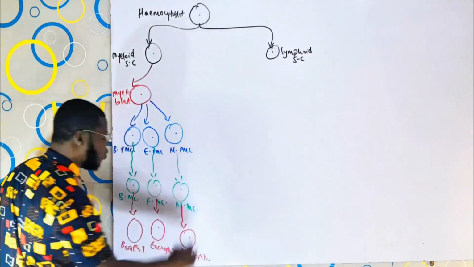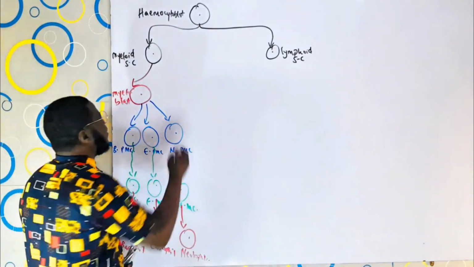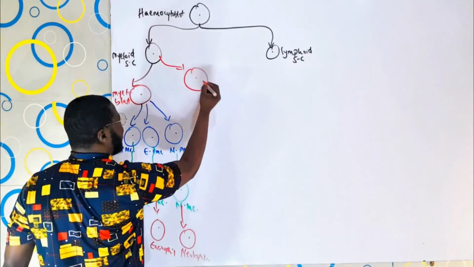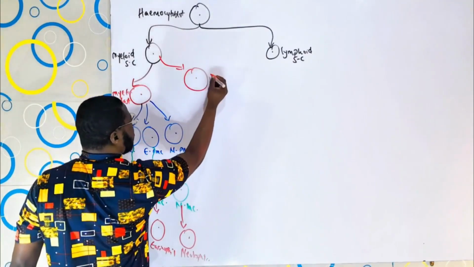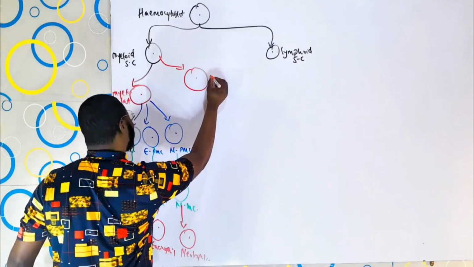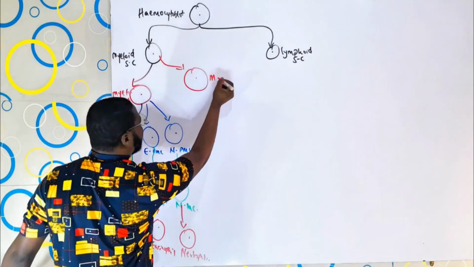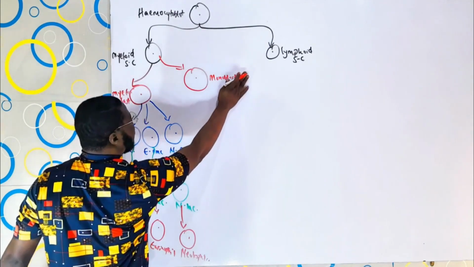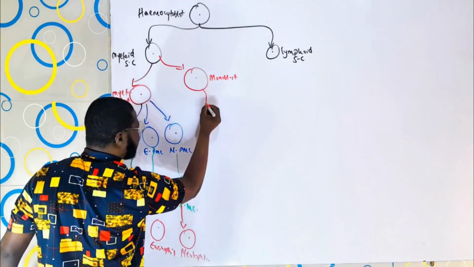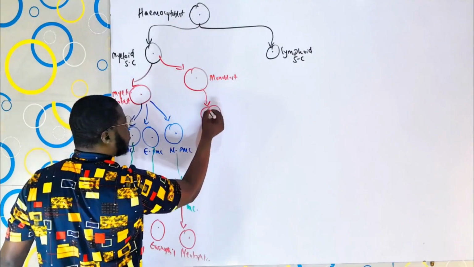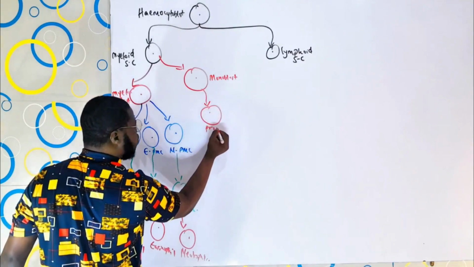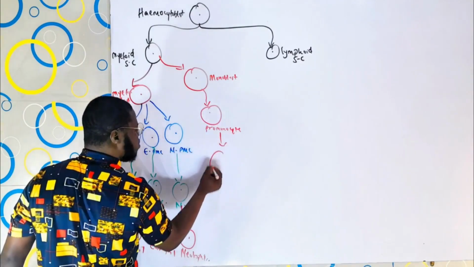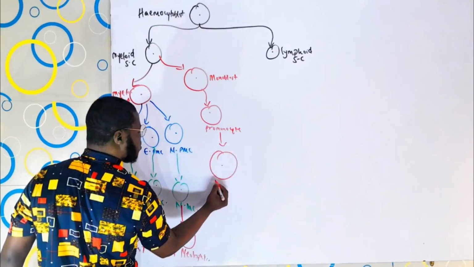Cool. Now, if you want to make another type of cell, the monocyte, it creates a different cell entirely, and that is the monoblast. And after that, the monoblast changes to become the promonocyte, and finally, it becomes a monocyte.